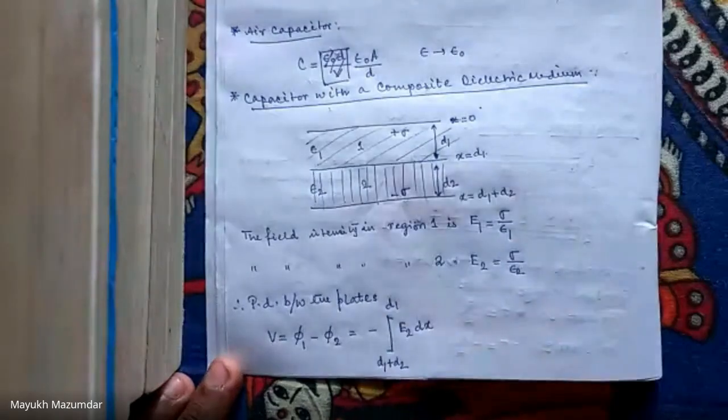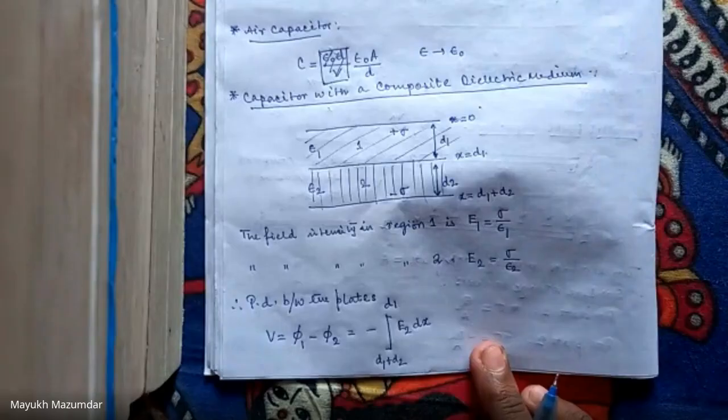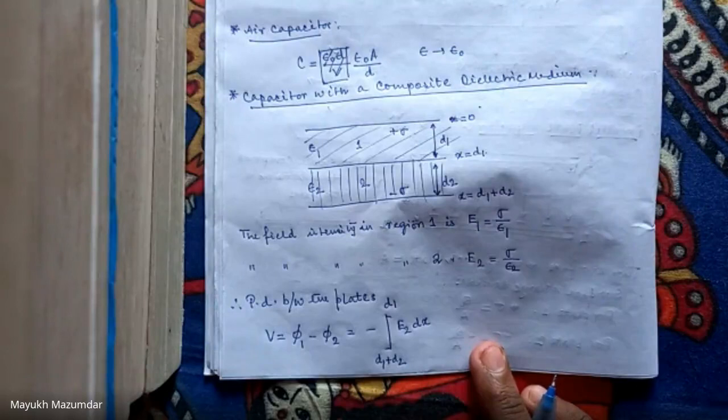Sir, in the field intensity of region 2, are we only taking the magnitude, or do we also take the negative sign? You wrote minus sigma, no, sir? Oh, yeah, we take the magnitude, and that is taken care of by choosing the limits.